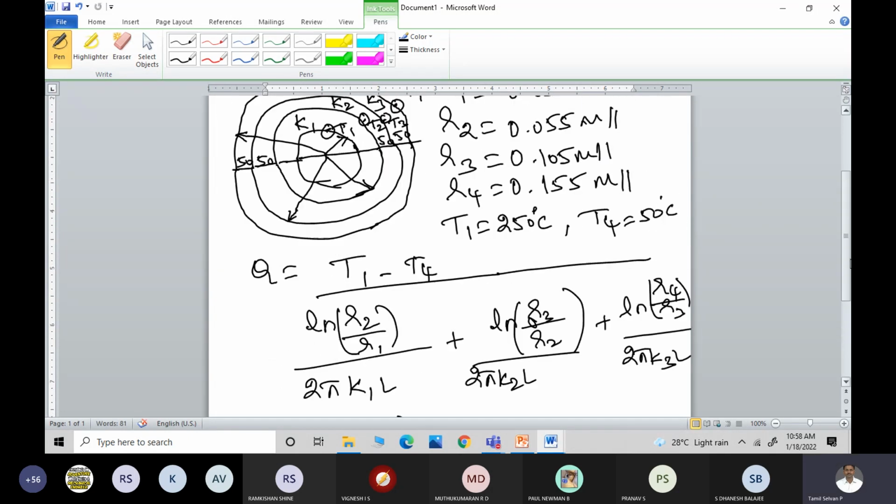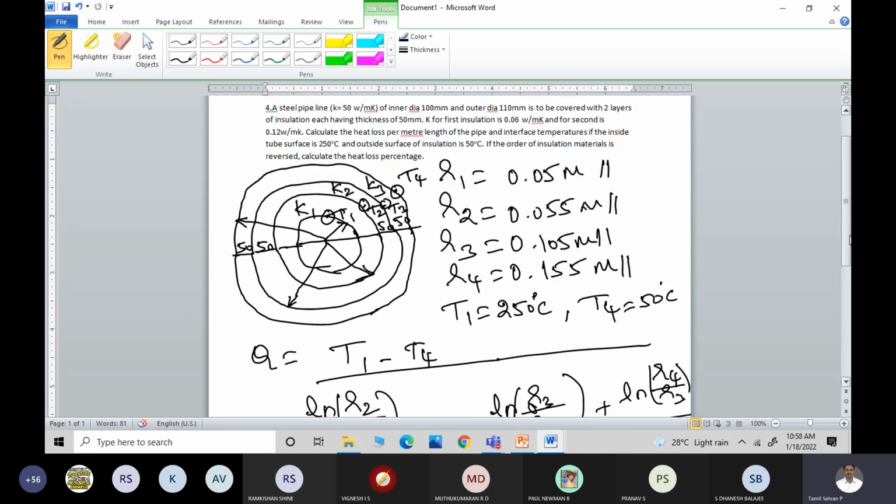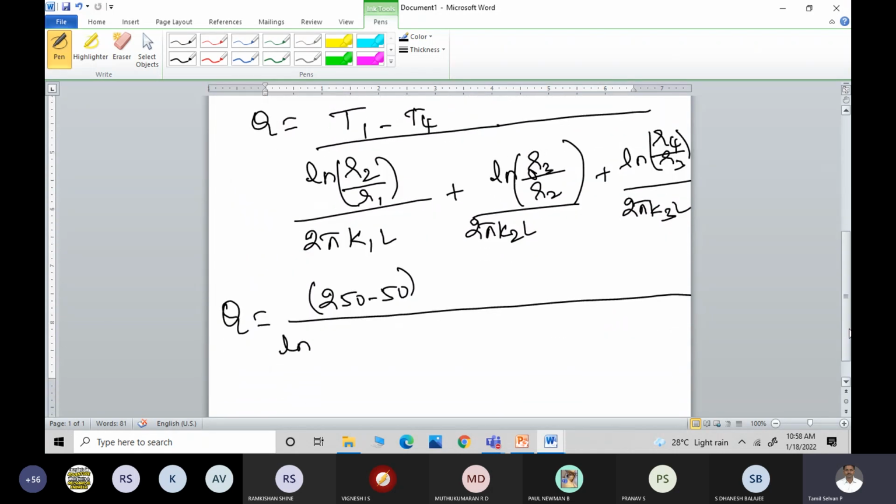Please tell me the values more immediately. 0.055 divided by 0.05, divided by 2 pi K1 into L.